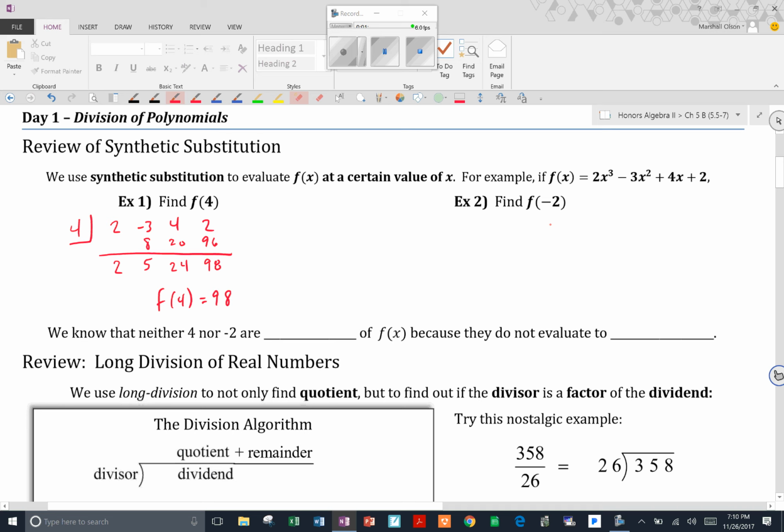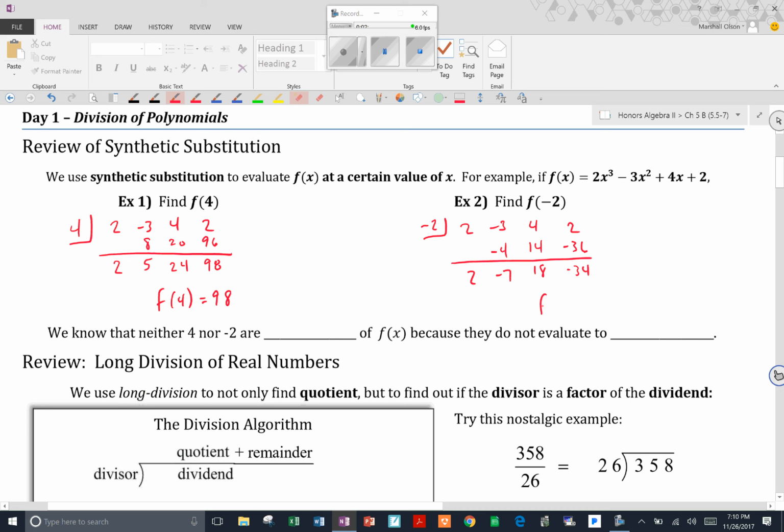Now we're going to do the same thing with negative 2. So we put negative 2 in, 2, negative 3, 4, and 2. Drop it, multiply, add them, multiply, add them together, multiply, add them together.